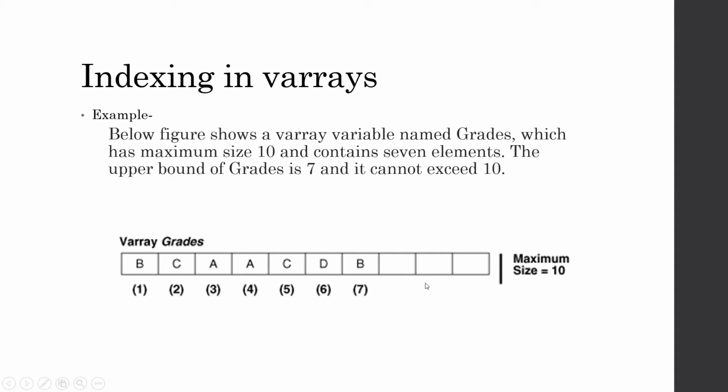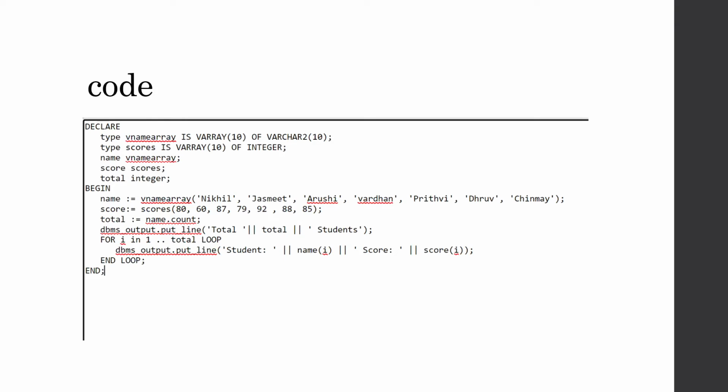If you decrease three elements, the elements present in this VARRAY will be 6. So the upper bound can be anywhere in this array, but it should not exceed 10.